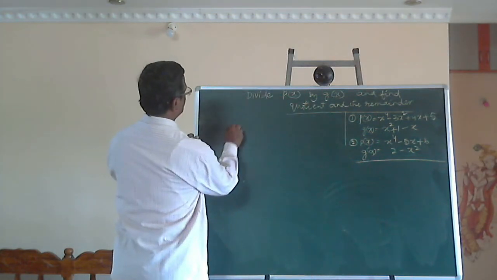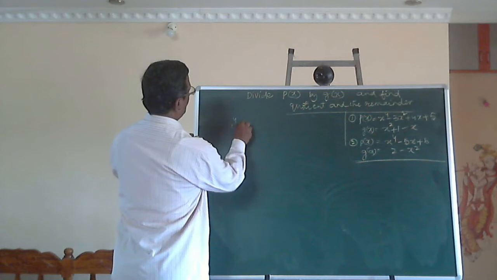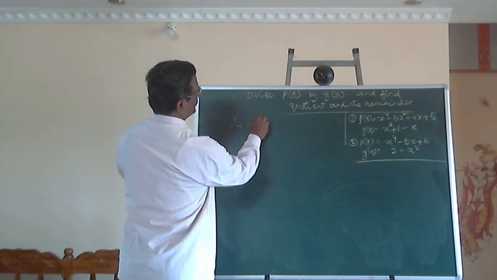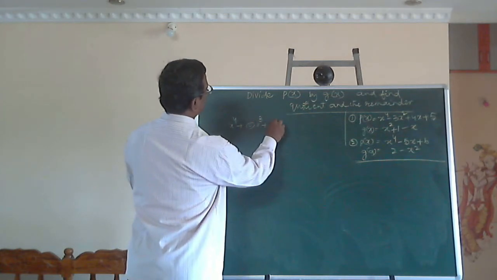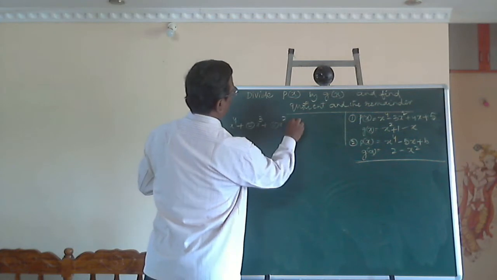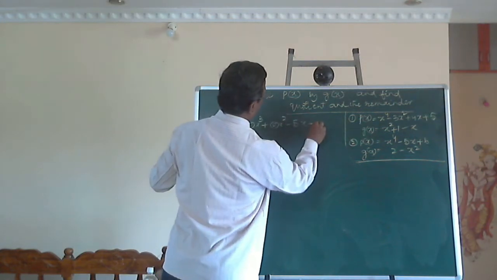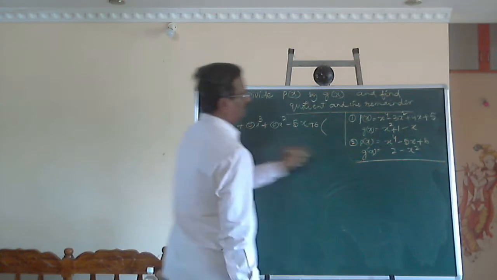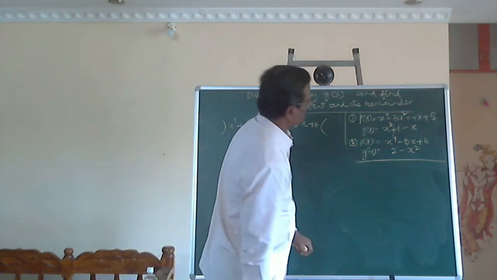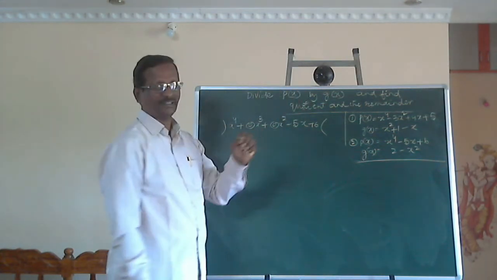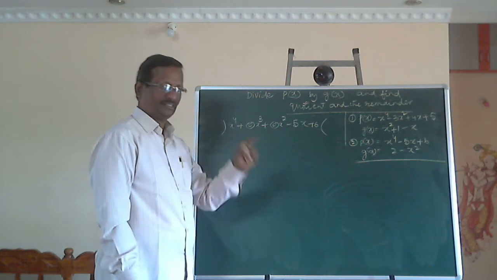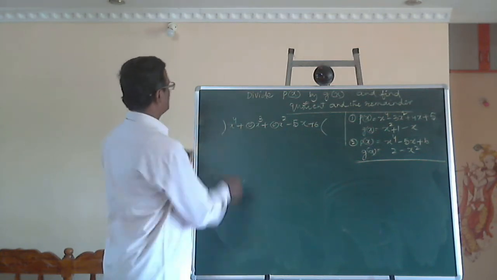So let us write x to the power 4 plus 0x cube plus 0x square minus 5x plus 6 divided by 2 minus x square, which is not in the standard form. When you write this in the standard form, minus x square comes first and 2 comes next.